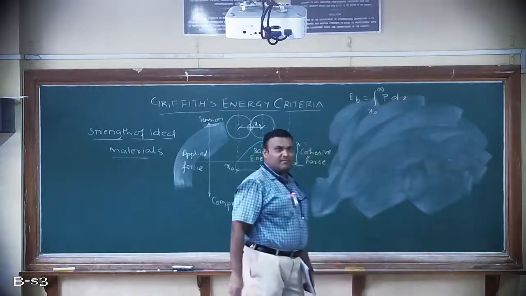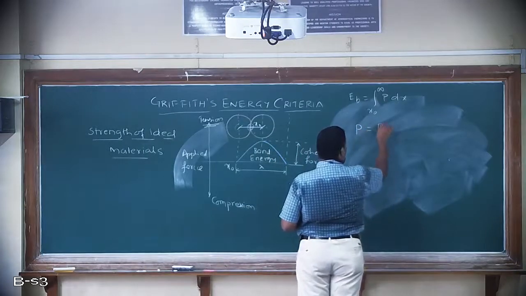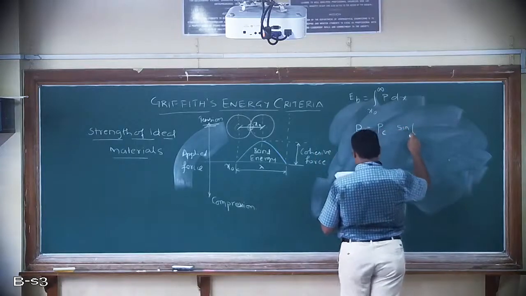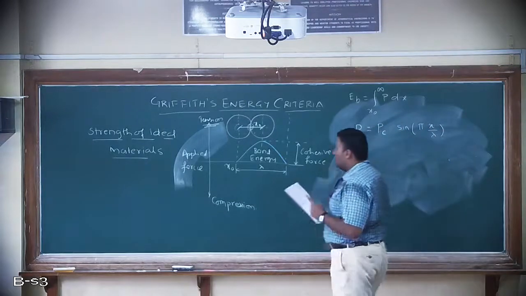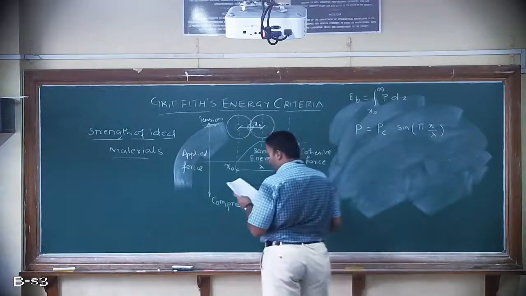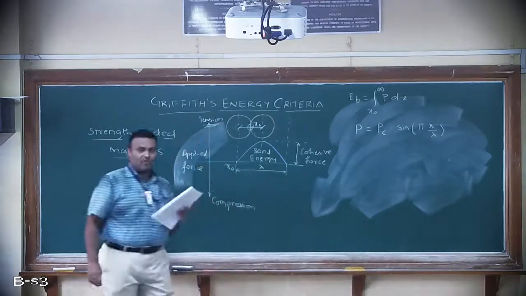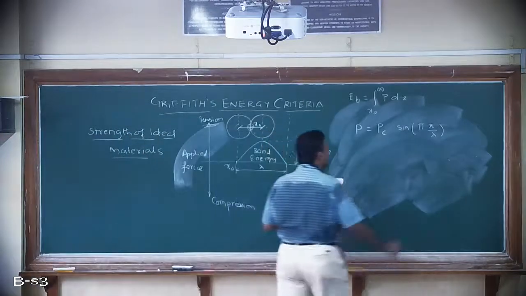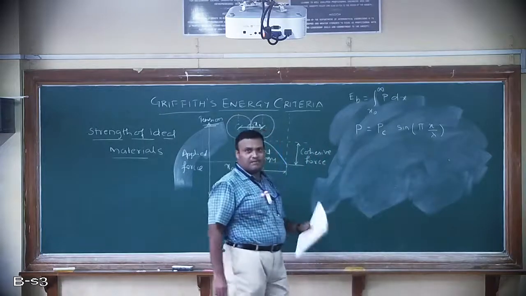The force displacement relation is given by the applied load P equal to the cohesive force PC into sine of pi x by lambda. Here x is the total distance and lambda is the distance from x0 to this point, which we take as the wavelength. So it is 1/2 of the period of the sine wave. This is the force displacement relationship.